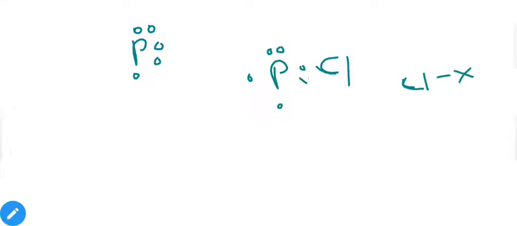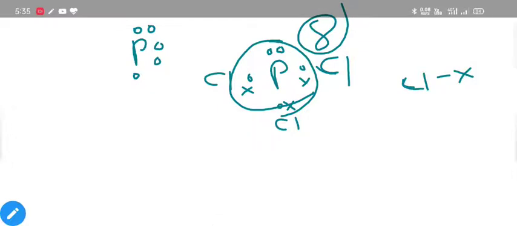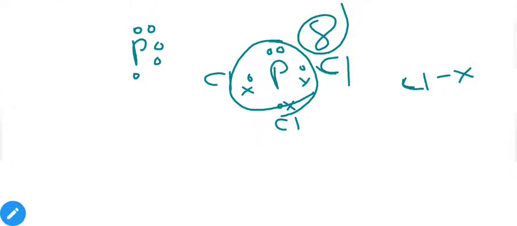When it shares electrons with adjacent chlorine, one lone pair is present inside the phosphorus and it shares 3 electrons with 3 adjacent chlorines. Let us represent electrons of chlorine with an X symbol. This will be the situation when the PCl3 molecule is formed. So as you can see, we have 8 electrons around the phosphorus in PCl3 but 10 in PCl5.